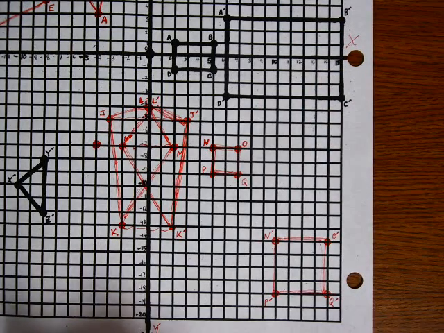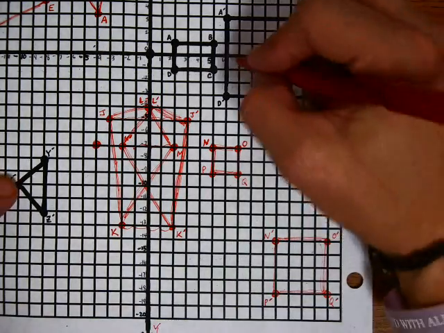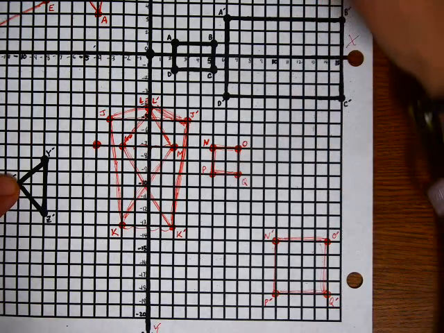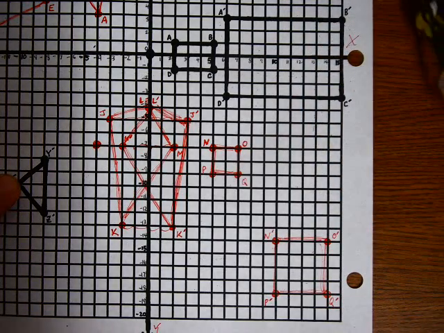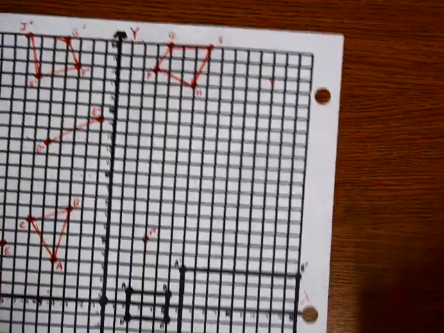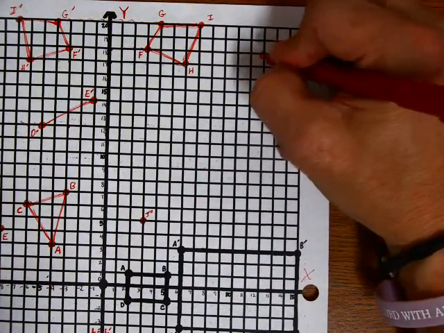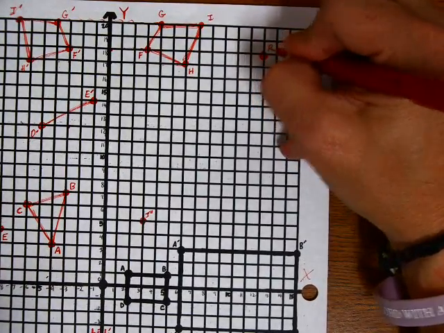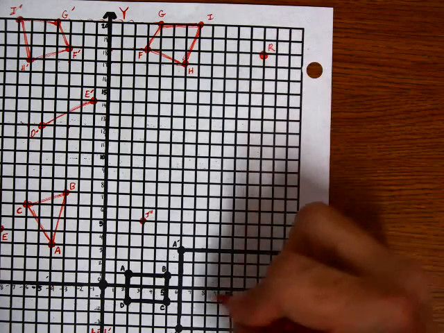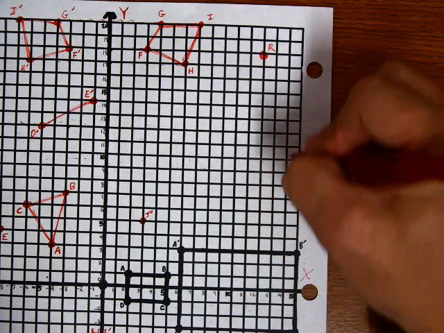Alright, last one. Dilate the triangle formed by the points 12, 18. So 12, 18 is way up here. If I get that on the screen for you, there we go. 12, 18. That's point R. Point S is 14, 10.